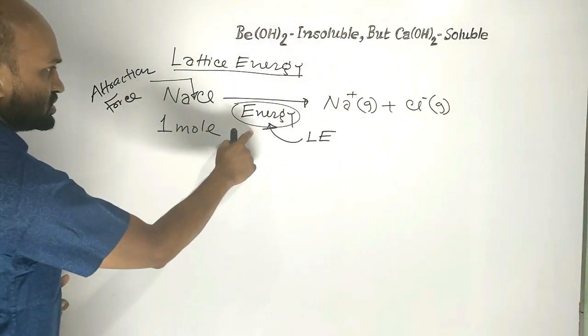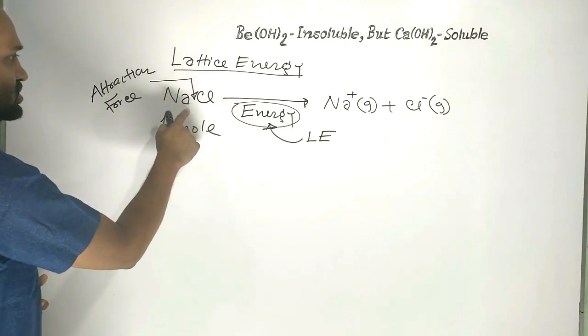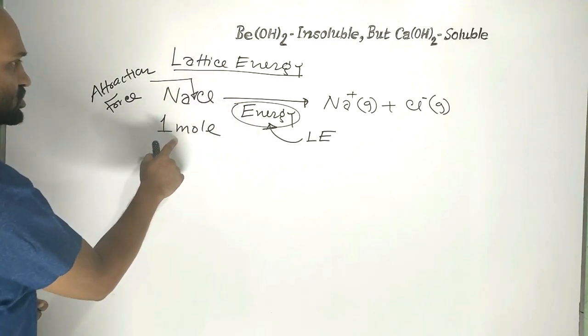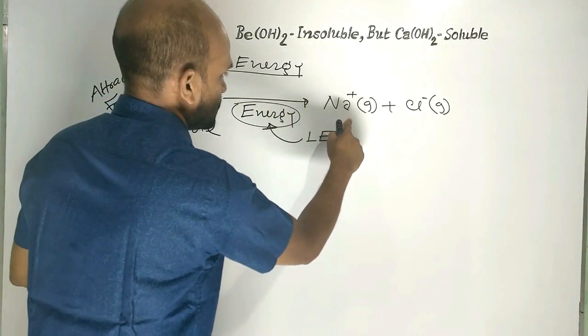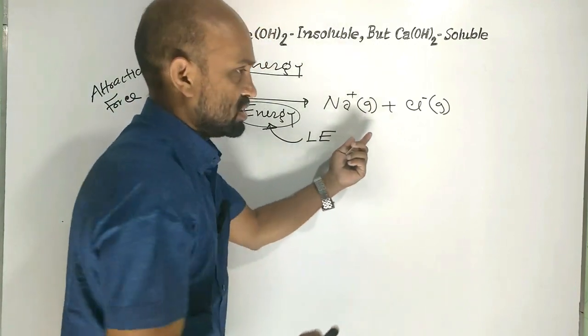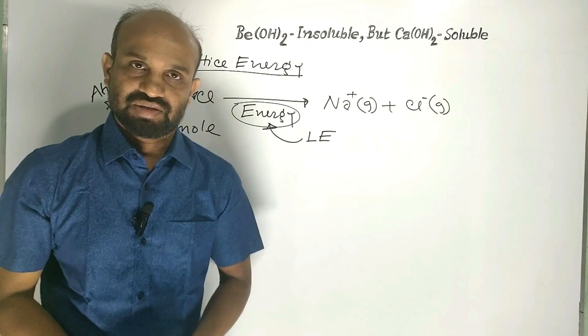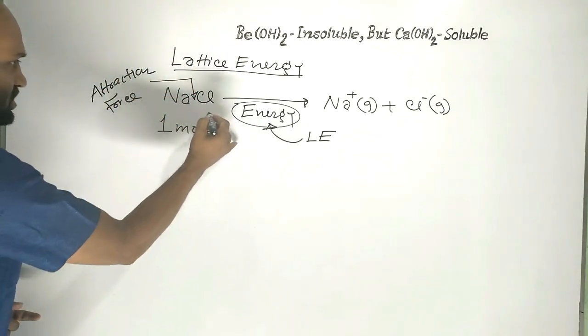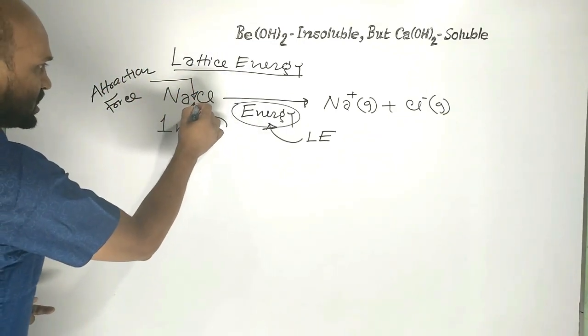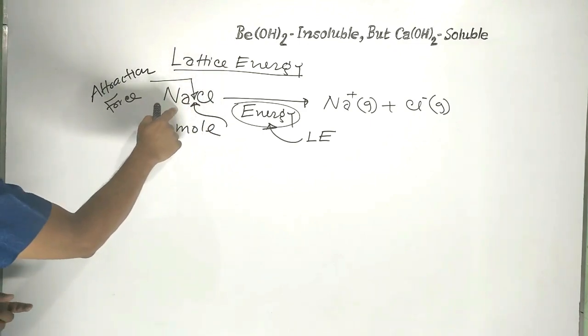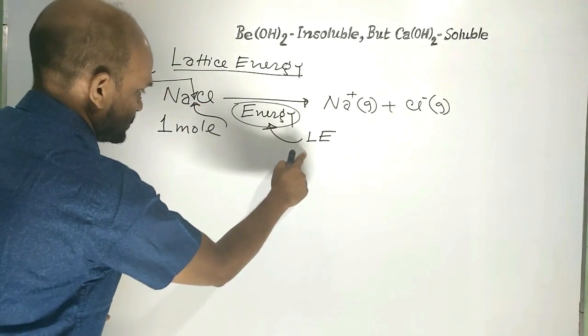The amount of energy which is required to convert 1 mole ionic solid into constituent gaseous ions, that energy is called lattice energy. Actually, the attraction force among ions in the ionic compound is called lattice energy.